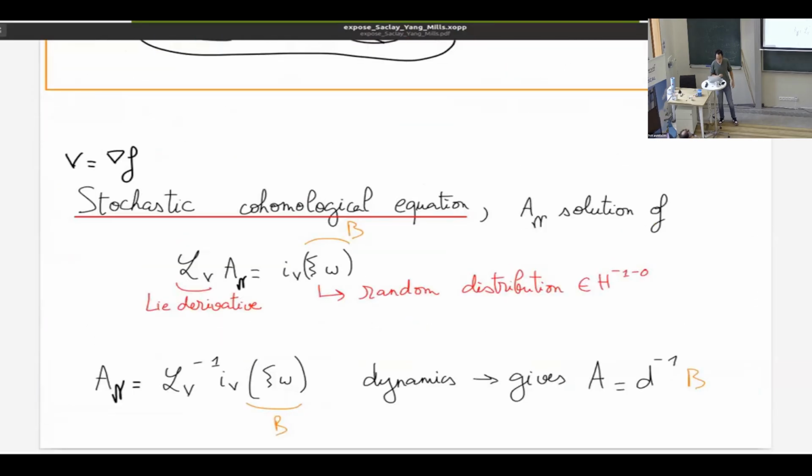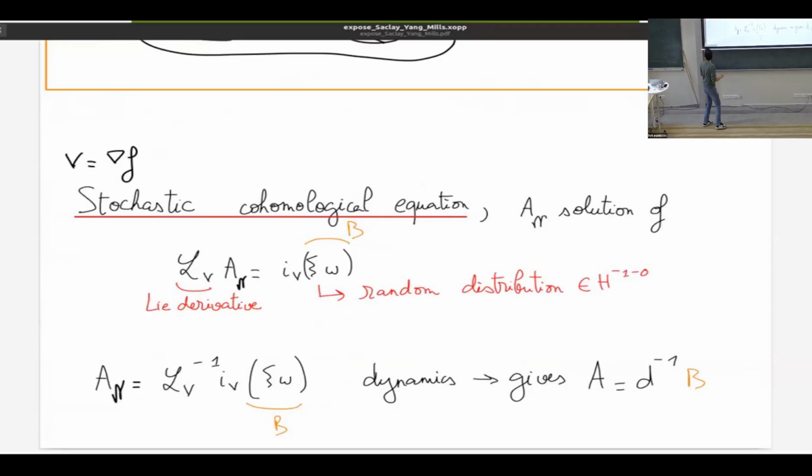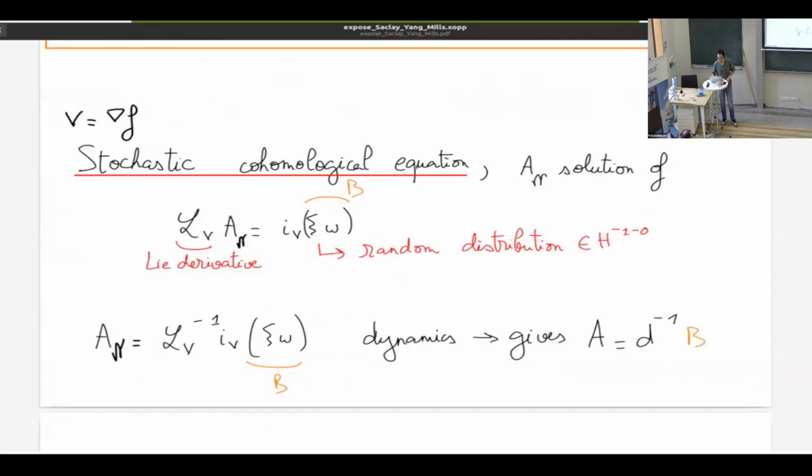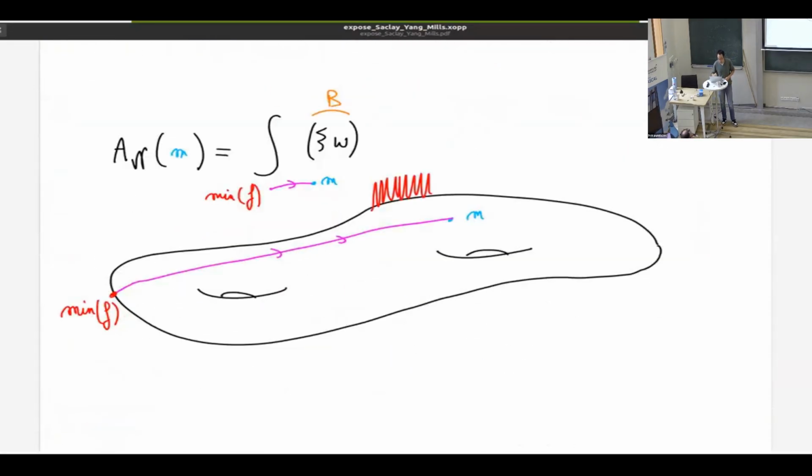And what we need to do is invert the de Rham differential. We need to invert it on the white noise. And what we do is something I can explain in a geometrical way.